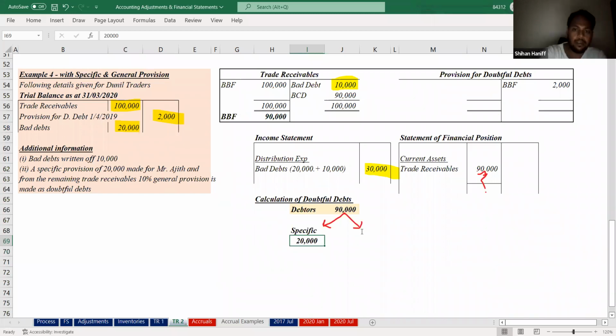And the remaining debtors balance will be 70,000. So from this 20,000, the entire complete amount will be considered as doubtful debt.